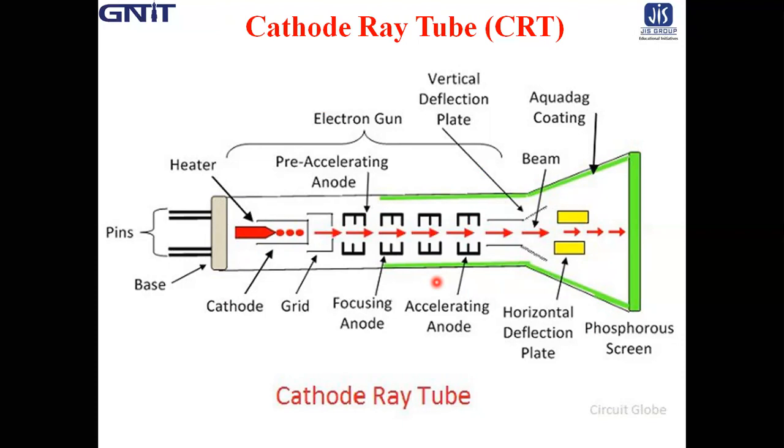Now different parts of the CRT tube are shown in this block diagram: the glass envelope and screen, that is the phosphor screen, the electron gun assembly, and the deflection plates, horizontal and vertical deflection plates.